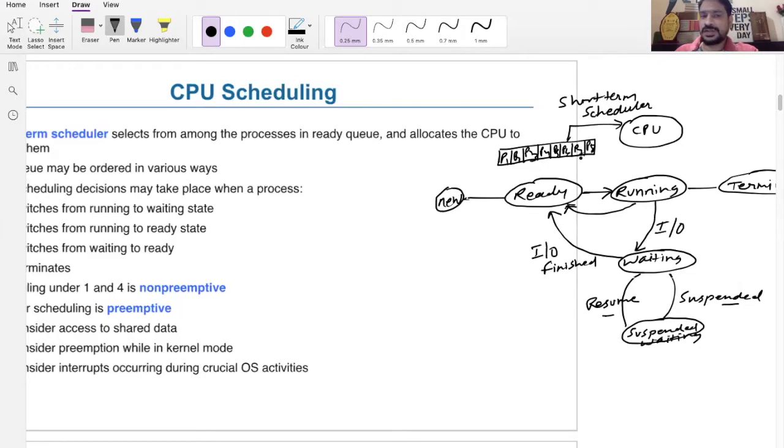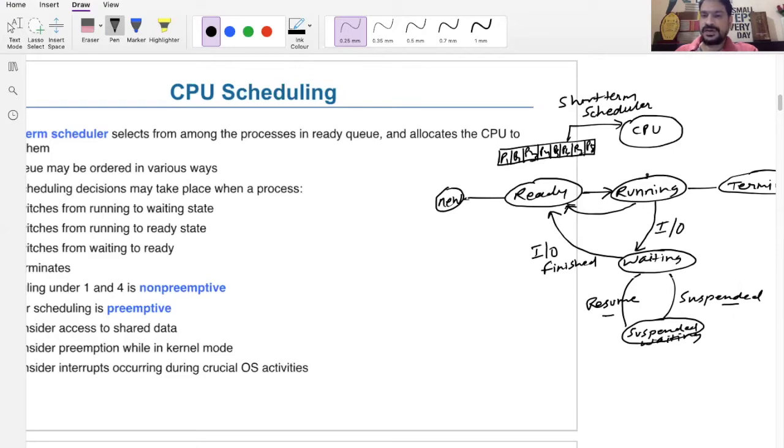How will the change of state from ready to running be done? It is done by the dispatcher. So the short-term scheduler will find out the process, and the dispatcher will actually do the state change of that particular process from the ready state to the running state.